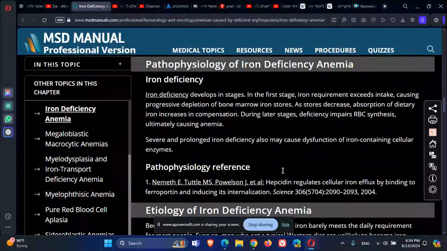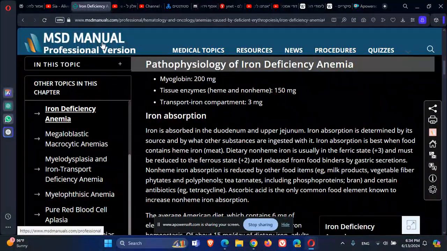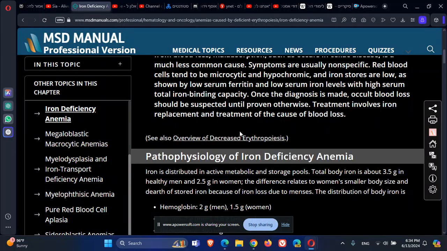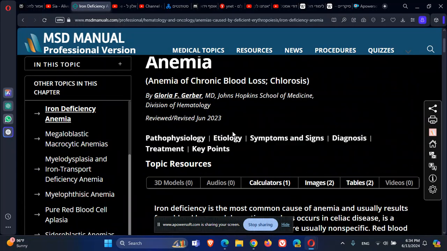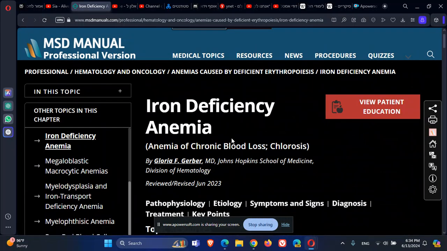This is about iron deficiency anemia, from the Merck Manual Professional Edition.